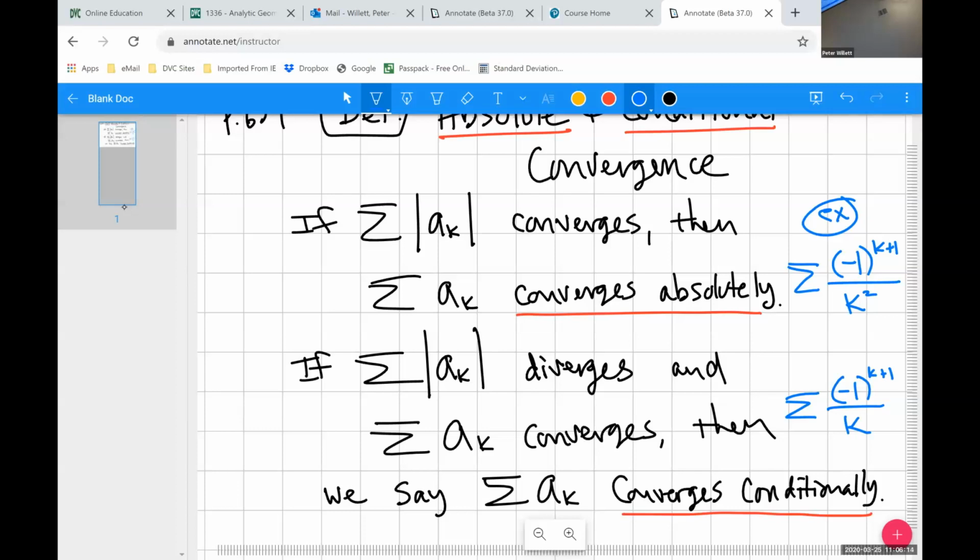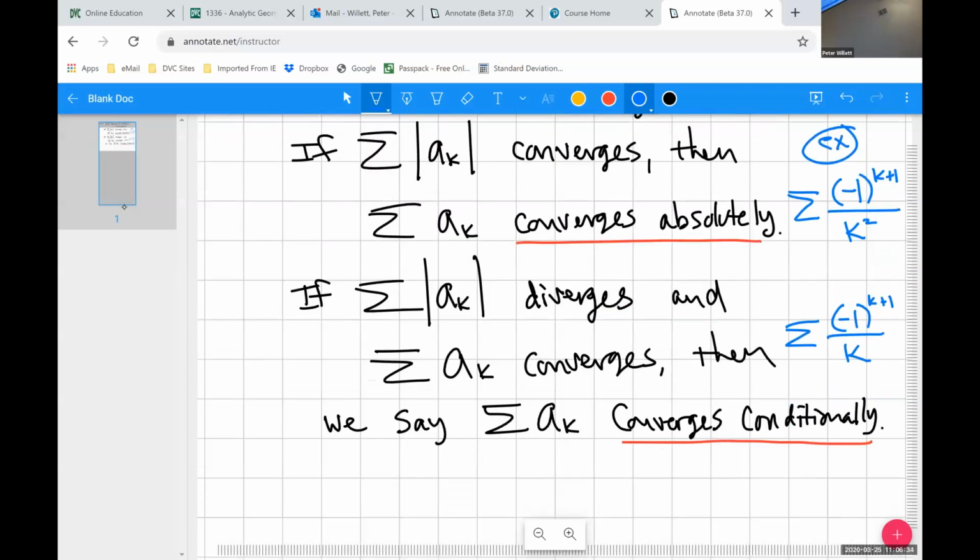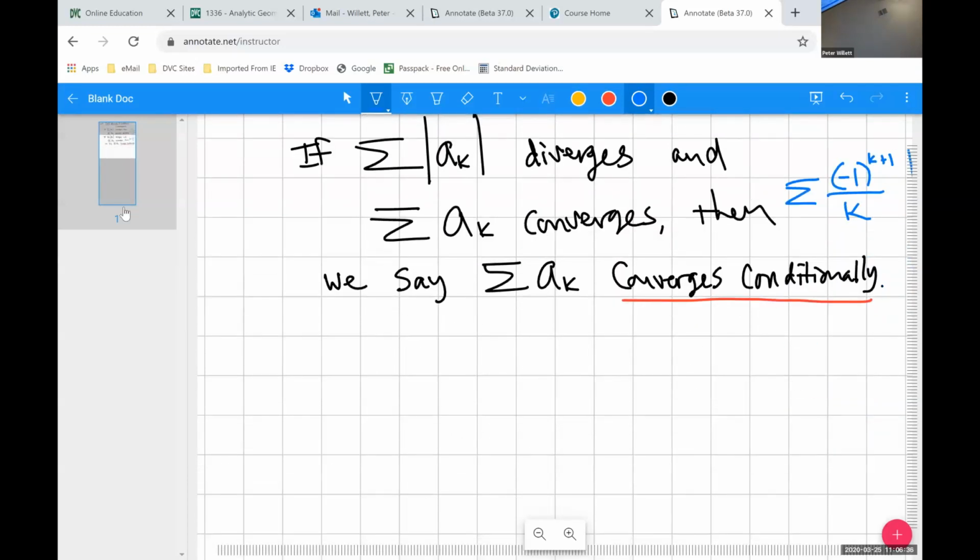There are some series which are conditionally convergent, and you need the help of some minuses to make them converge. But certainly, if they converge without the addition of some minuses, then they would definitely converge when you put some minuses in. And that's what the next theorem states. So let's look at this.